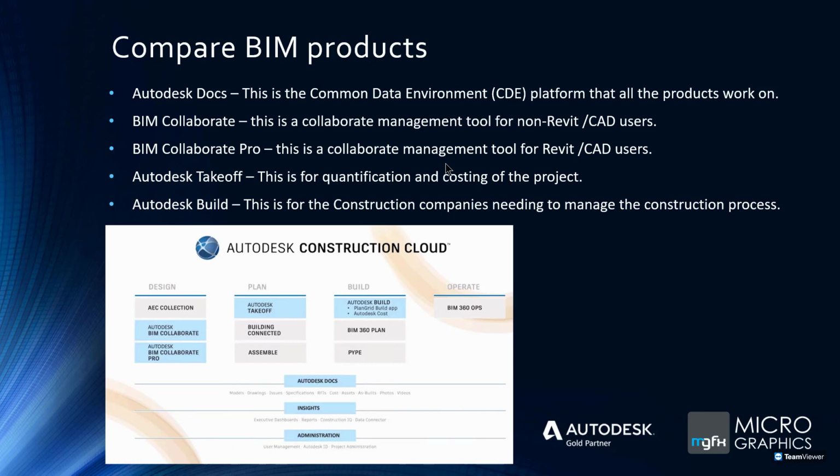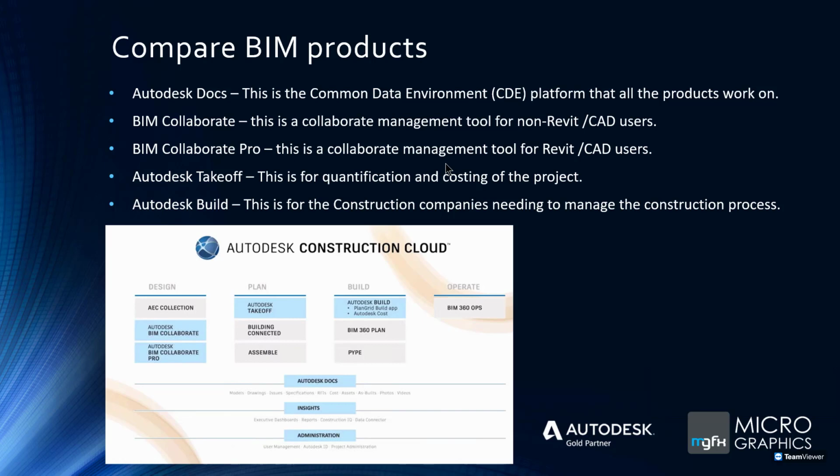So if you've got two Revit users in the office, they would require the Pro version, and a project manager that might not work on Revit, you'd just perhaps use BIM Collaborate, without the facility to link or use Revit. The project manager might not have Revit installed even on his PC, so you save a little bit of money there, and it's got all the features except the work sets or co-authoring information.